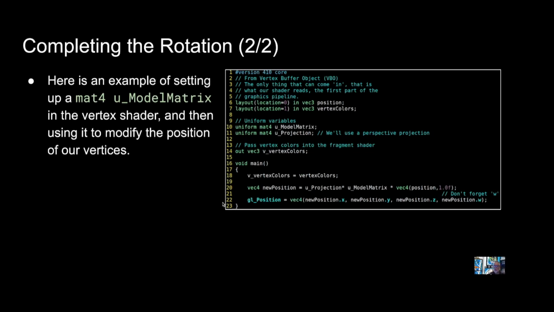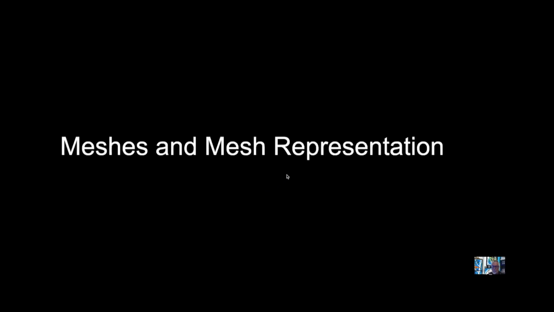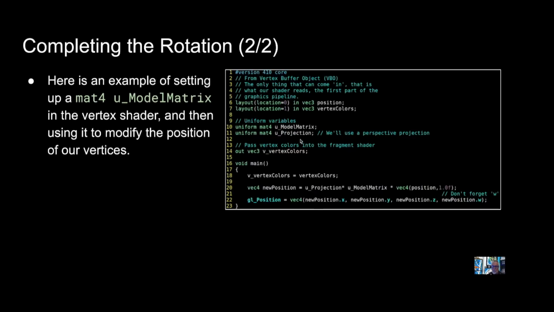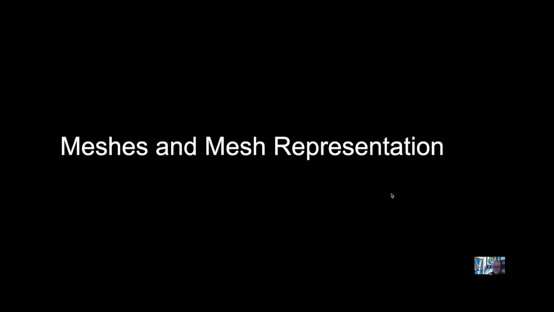It's in the code. Yep. And then my uniform is here, my model matrix, and then I can just use it here. So basically, I will set my model matrix to there. This is the C version. Drop the U, and you have what we're using. So we now know that we can take our matrix, we can add it, we can use it in a vertex shader. We'll play with that in class.